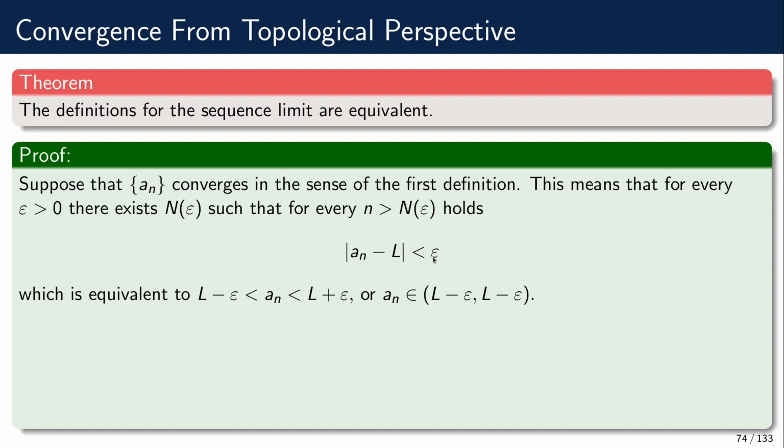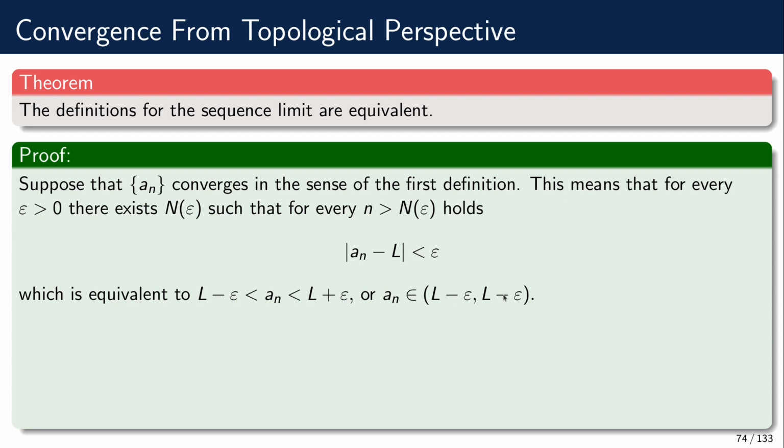This is the original definition. But this inequality is equivalent to saying that an is between L minus epsilon and L plus epsilon, which is equivalent to saying that an is lying in this interval. But, oh, sorry, it has to be plus here. It's a typo. I will fix it. So between L minus epsilon and L plus epsilon.